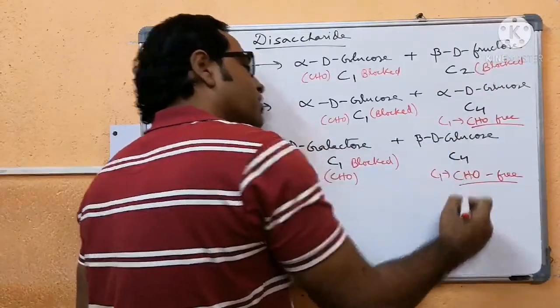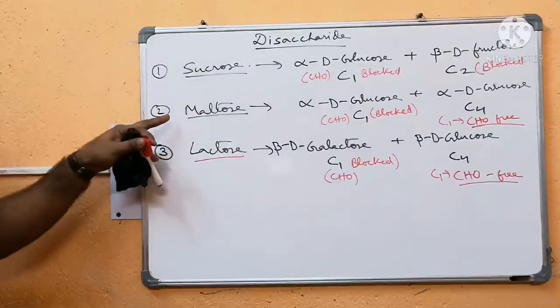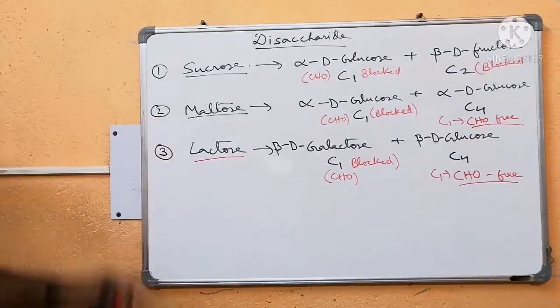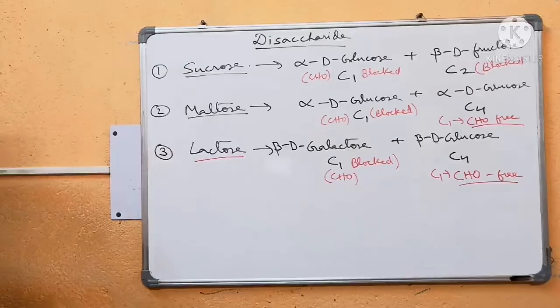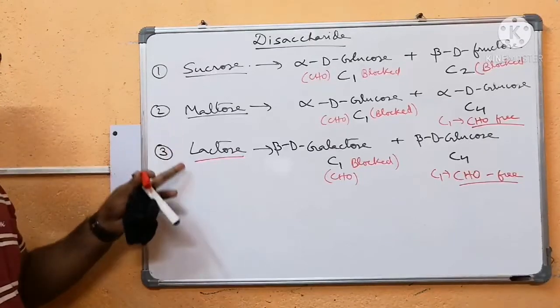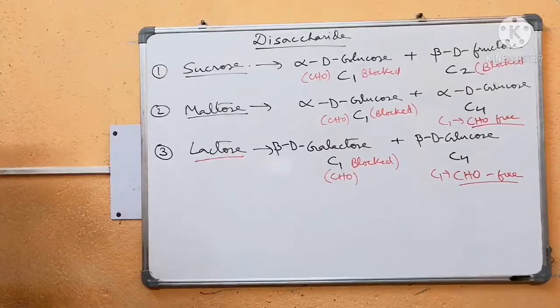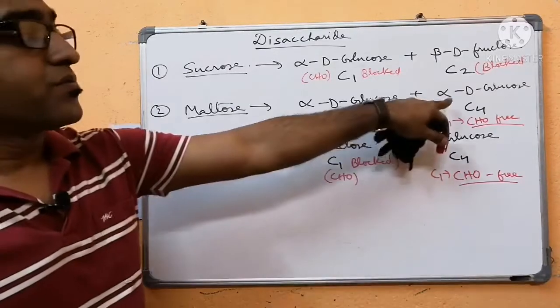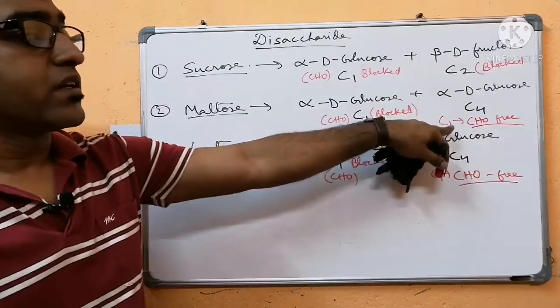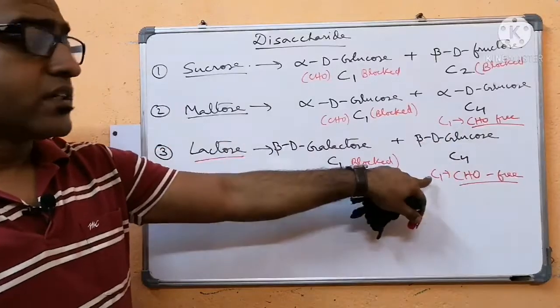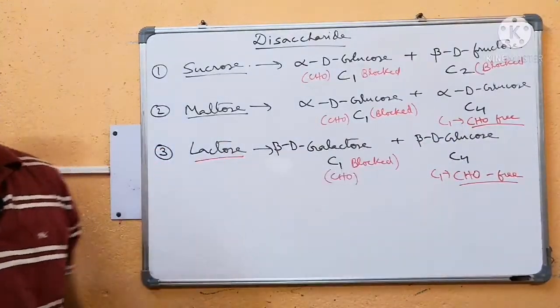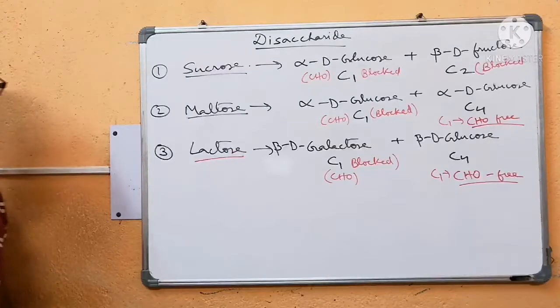For this one, C1 is free. Hence, maltose and lactose are reducing sugars, whereas sucrose is a non-reducing sugar, because in case of sucrose there is no free aldehyde or keto group, but in case of maltose and lactose there is a free aldehyde group. Here it is the C1 aldehyde group of the glucose, here also it is the C1 aldehyde group of the glucose.